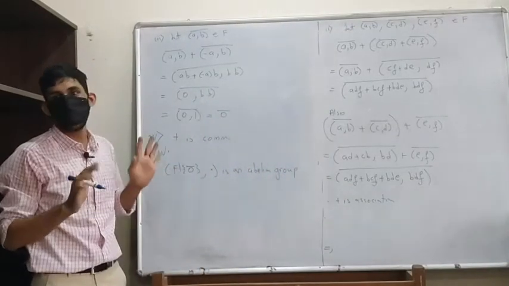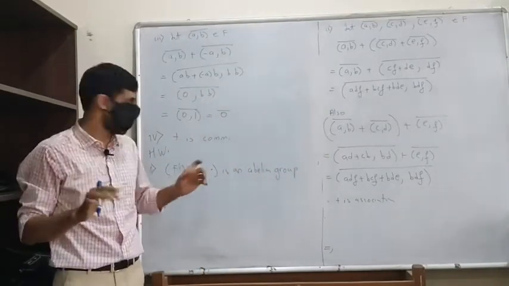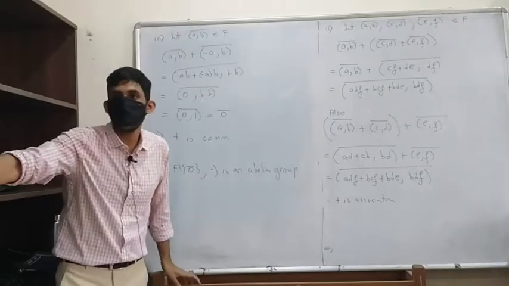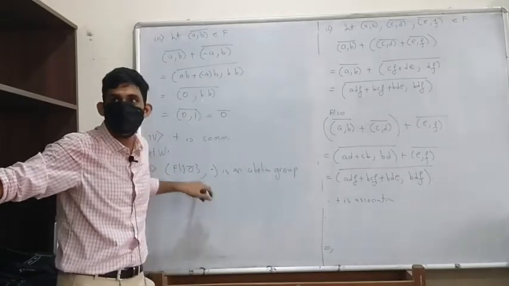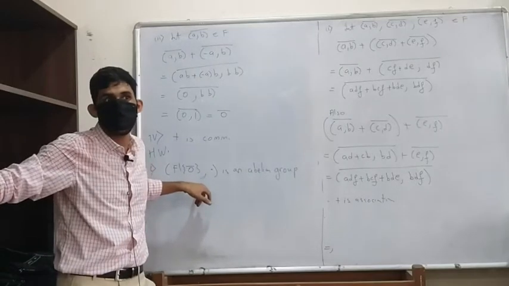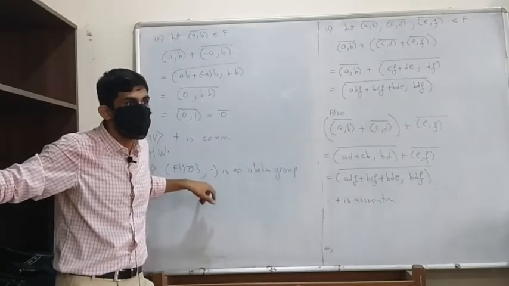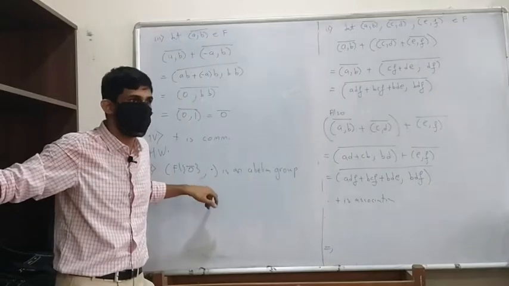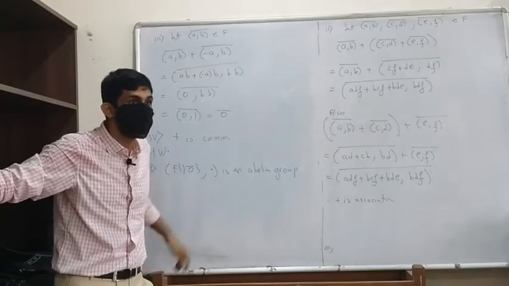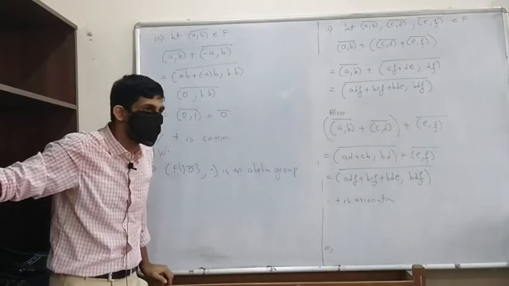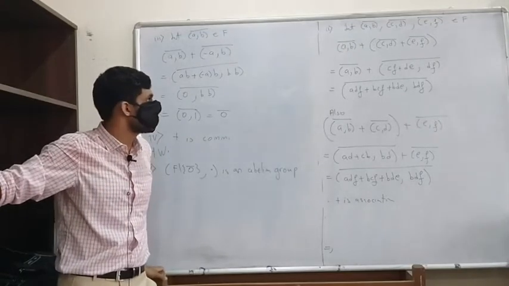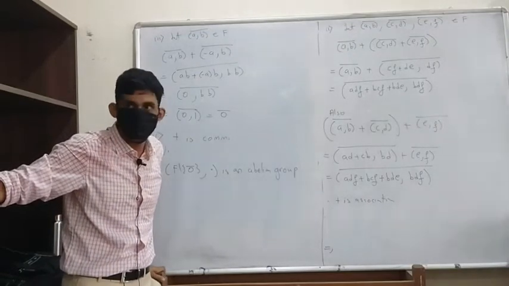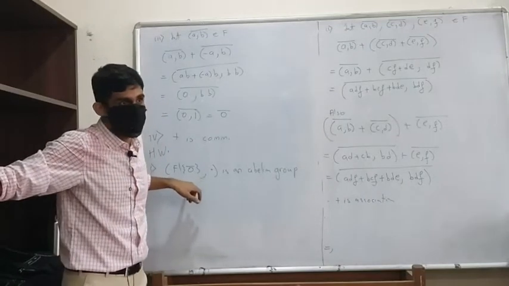The only thing is you need to now tell me what is the multiplicative identity. What is the multiplicative identity here? Multiplicative identity, unity element. 1 comma 1 bar. Equivalence class of 1 comma 1. That's the multiplicative identity.